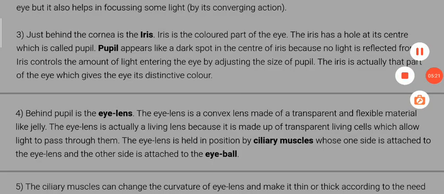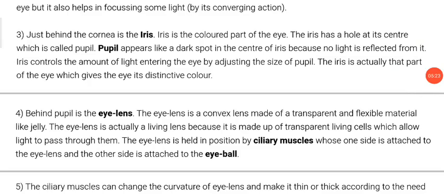The iris has a hole at its center which is called the pupil. The pupil appears like a dark spot in the center of the iris because no light is reflected from it. So it appears dark.